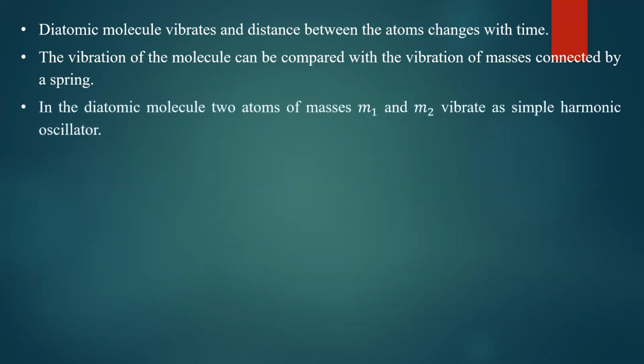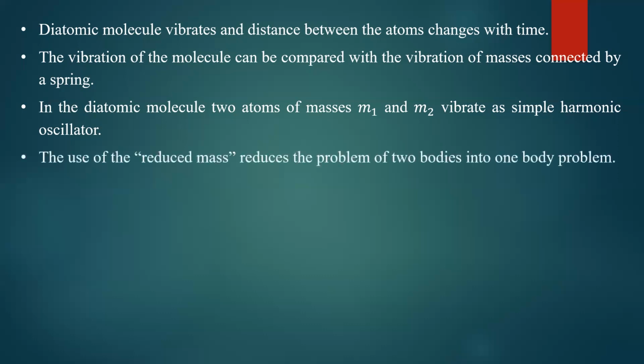In the diatomic molecule also, we assume two atoms of masses M1 and M2, and they vibrate as a simple harmonic oscillator, just like a spring motion. Here the distance between the atoms acts like a spring.